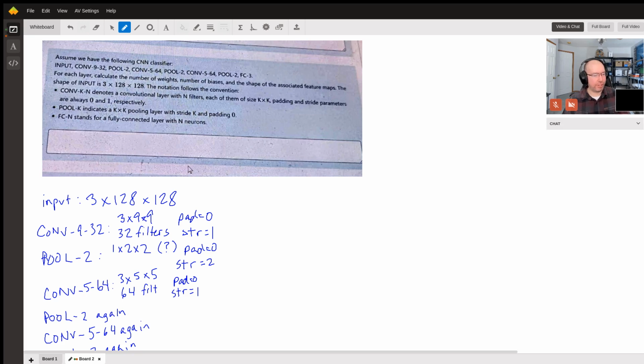I don't know what the convention is for the biases. It looks like, at least in a PyTorch context, oh, wait a minute.